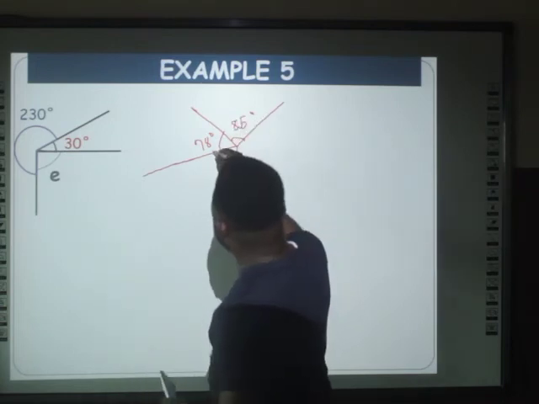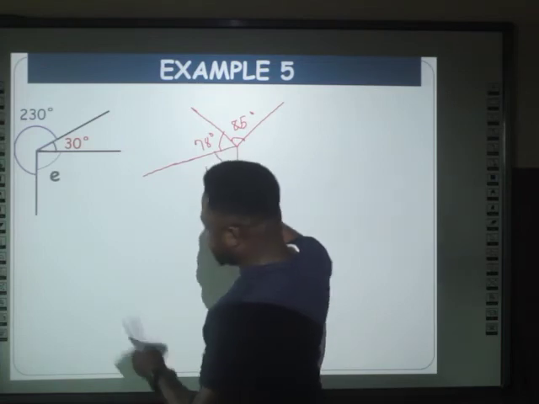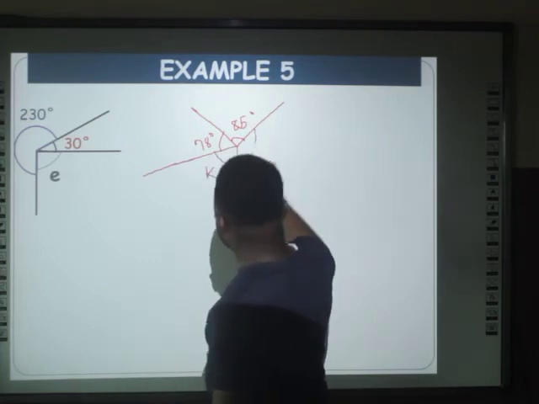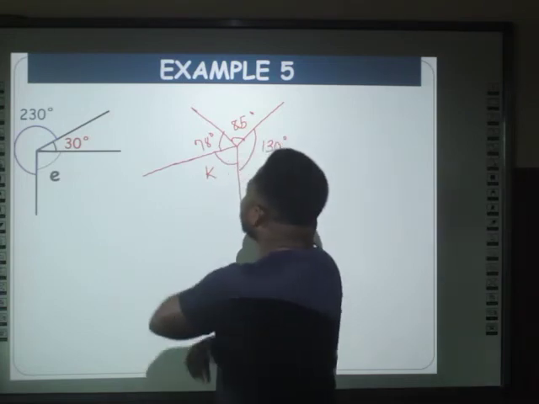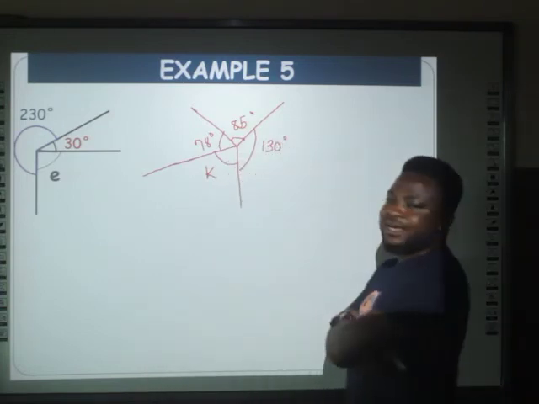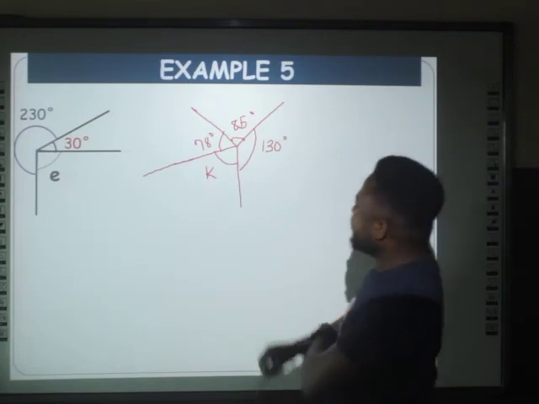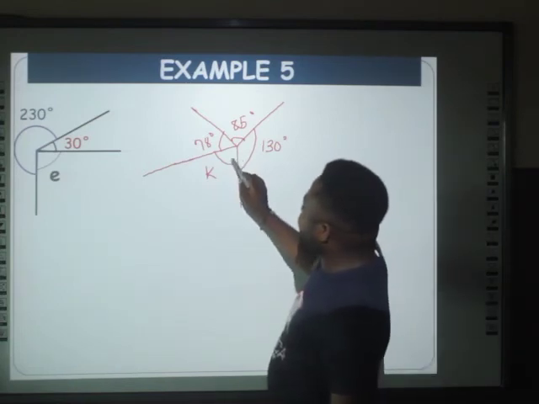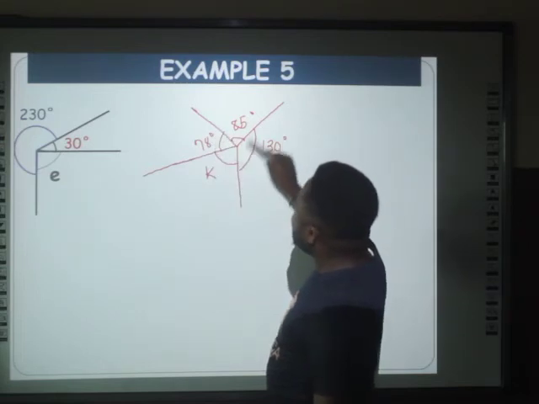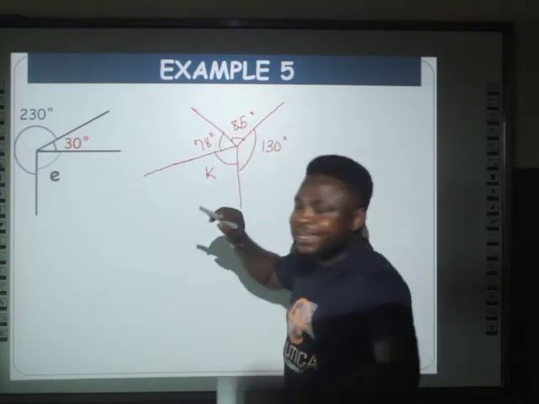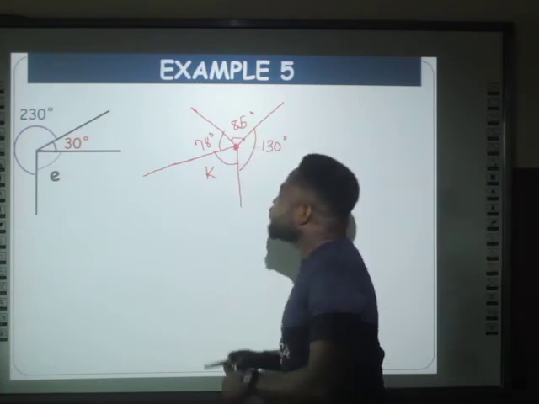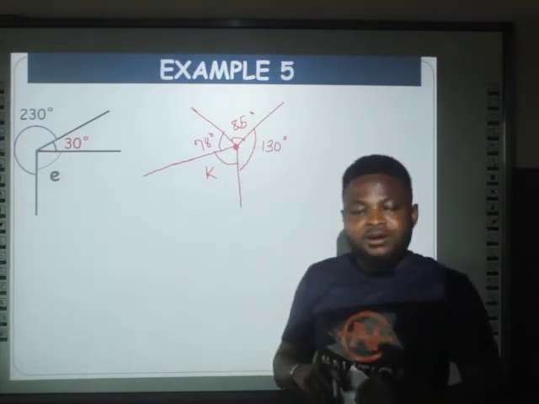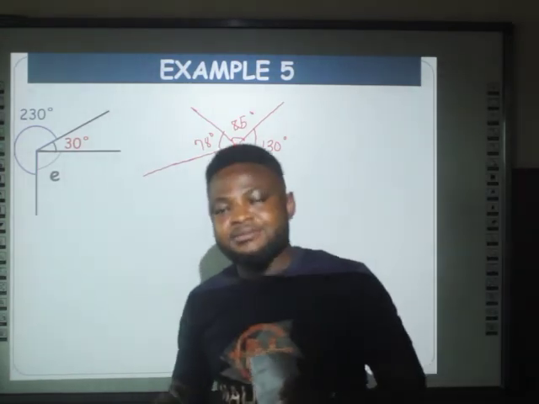This angle is K, while this is 130 degrees. Now observe closely, how many lines do we have here? 1, 2, 3, 4 lines. The 4 lines are all meeting at a point. So we are going to use the angle rule for angles at a point.